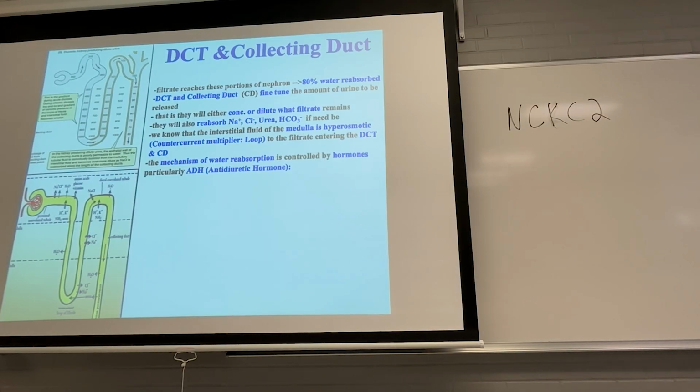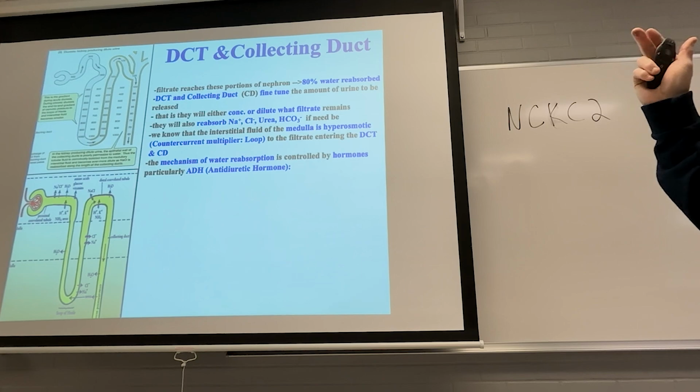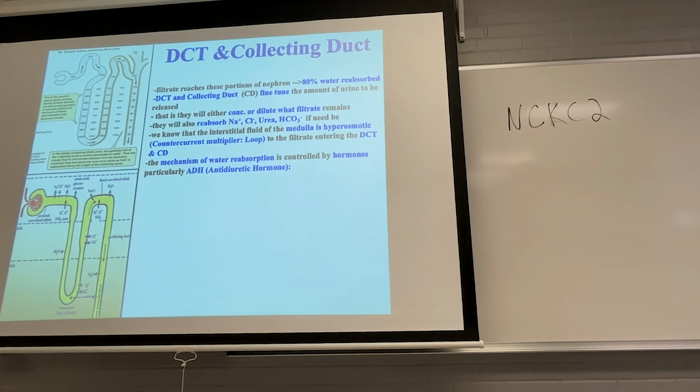Now, how does the collecting duct know, right? I use the quote unquote know to allow water to escape or to reabsorb water. That's the job of hormones. All right, hormones are going to communicate with the collecting duct and tell it what to do.